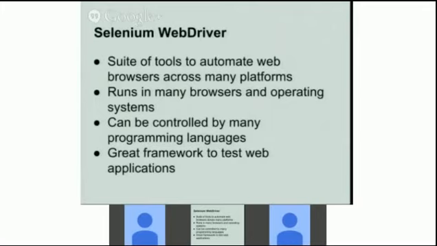WebDriver is a suite of tools that allow you to automate tests, and they run on several browsers. So you have different plugins, and you can run Chrome or Internet Explorer or Firefox or other things like Android. And it can be controlled by several different programming languages. You can do Java, Python, or JavaScript. In this case, I'm going to be showing you how to do your tests in JavaScript with Node.js.